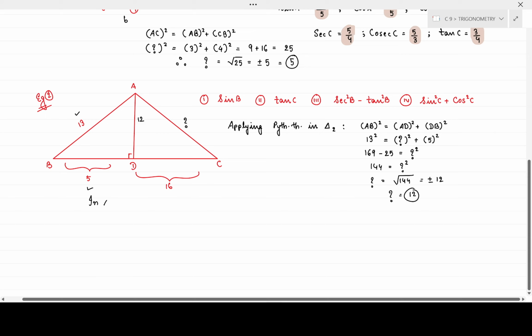So in triangle ADC, again applying Pythagoras theorem, AC square equals perpendicular square plus base square. AC square, let it be question mark here. 12 square is 144. 16 square is 256.